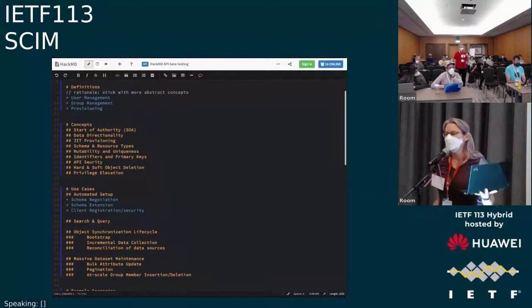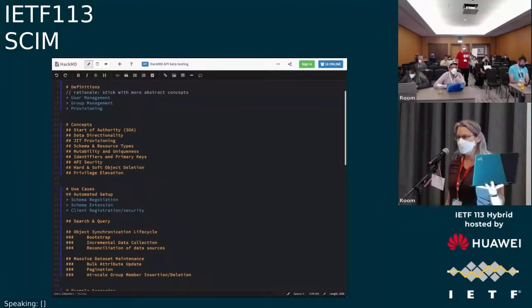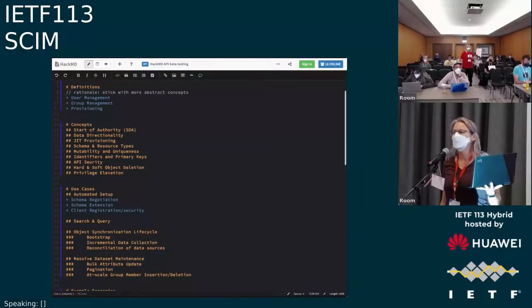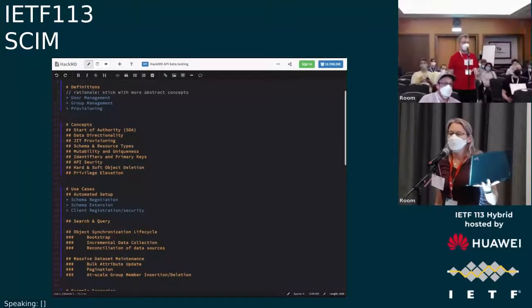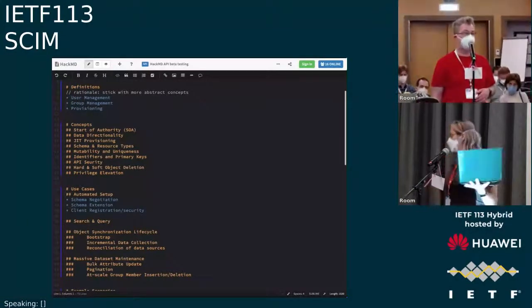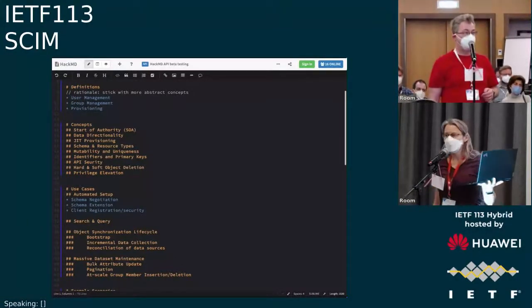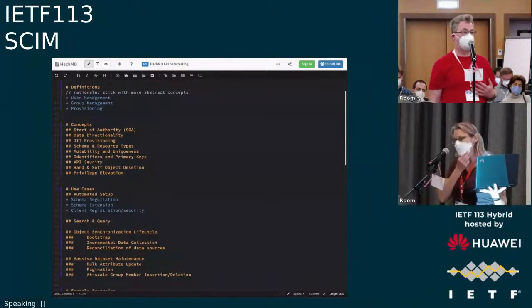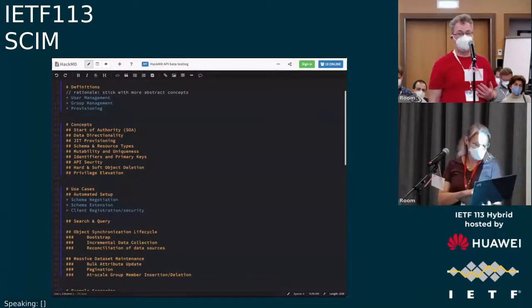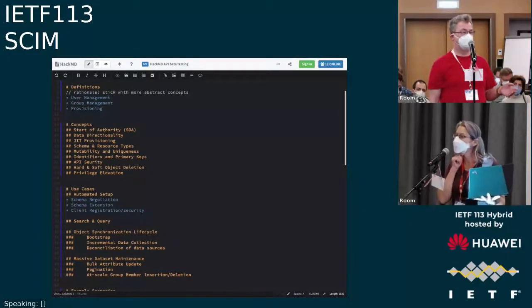Leif Johansson. So one of the things that I get asked a lot is OpenAPI Swagger API specs for SCIM. Is that on the table? Have people talked about that? I haven't been following this closely, but this is one of the things that gets brought up a lot among implementers who look at SCIM and go, it doesn't look like a modern API, it doesn't have the OpenAPI specs.